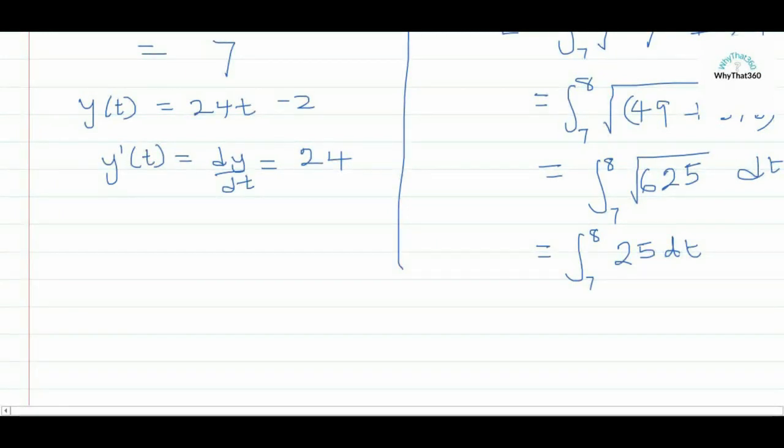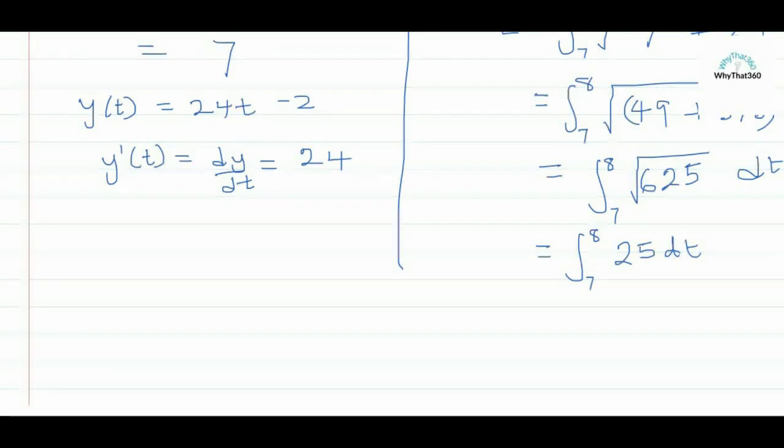We are not done yet. We will go ahead and integrate this expression, which was given to be 25 dt, which is a definite integral.